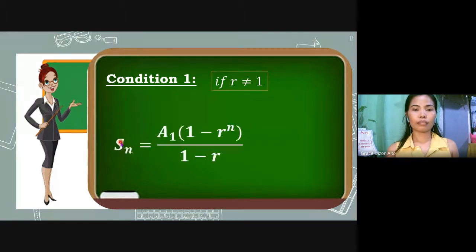So for the meantime, we have the formula S sub n is equal to a sub 1, the first term, times 1 minus the common ratio raised to the power of n, which is the number of terms, all over 1 minus r. Here you can see that n is now a power or an exponent, so we do not subtract 1 from it, because the 1 is already written. Whatever 1 minus r you write on the numerator, you have to write on the denominator. Then we have the same legends.